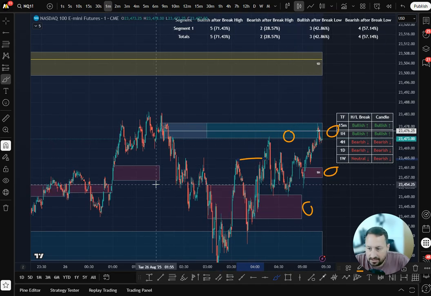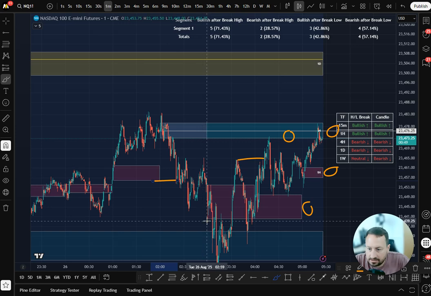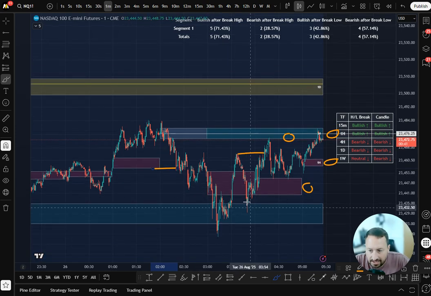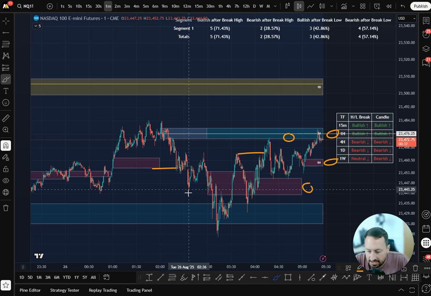So you can see here, we took the previous hour low, so bearish. The 4 hour was bearish, and we had aligned price where we got that continuation, right? Now this hourly candle took the low of the previous hour, which was here, right? Meaning it's more likely to close bearish.